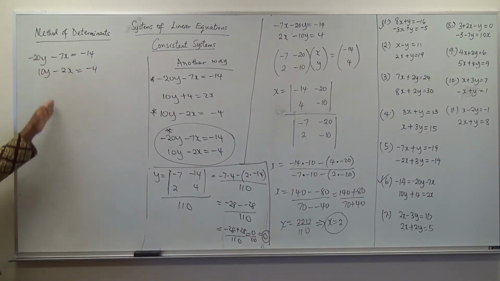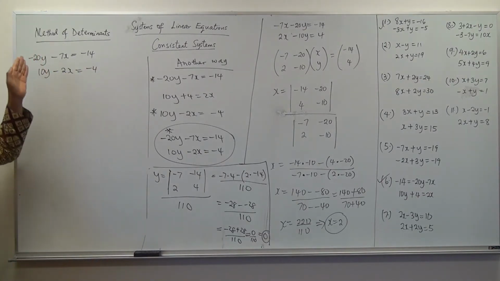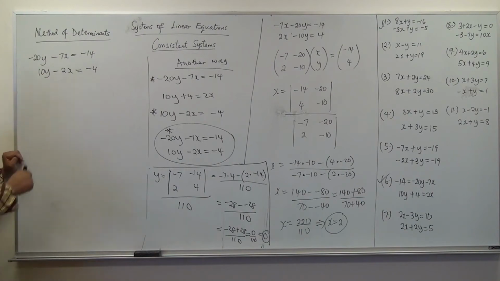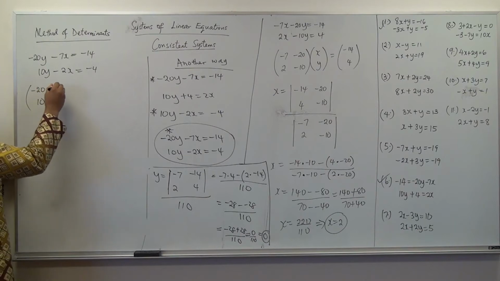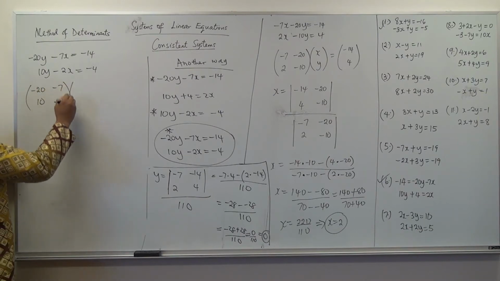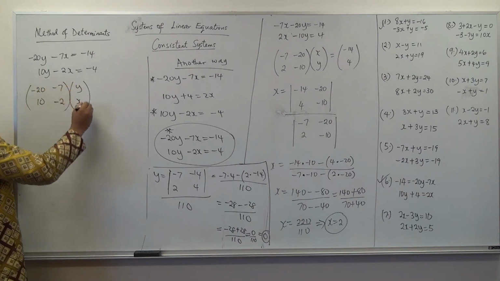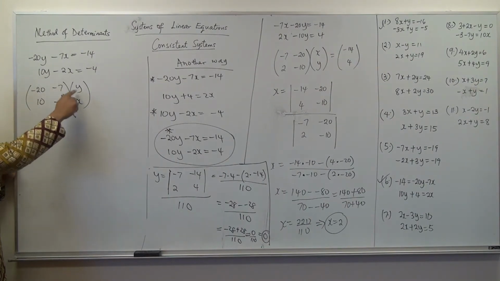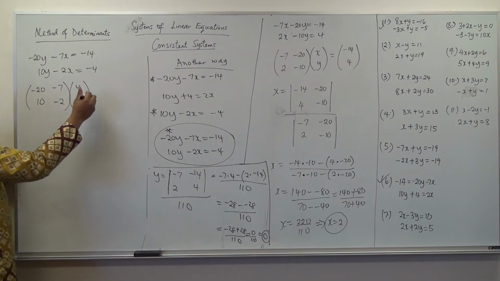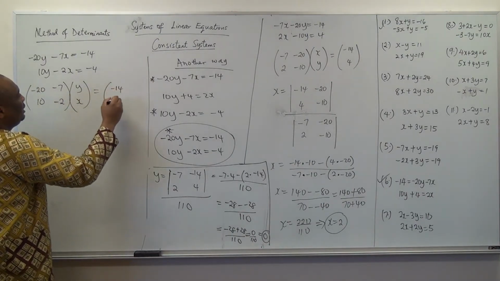Remember, it must be properly aligned. I always stress this. It has to be properly aligned. So this will now be negative 20, 10, negative 7, negative 2. Then y and x now, y and x, not x and y, because y came first, equal to negative 14, negative 4.